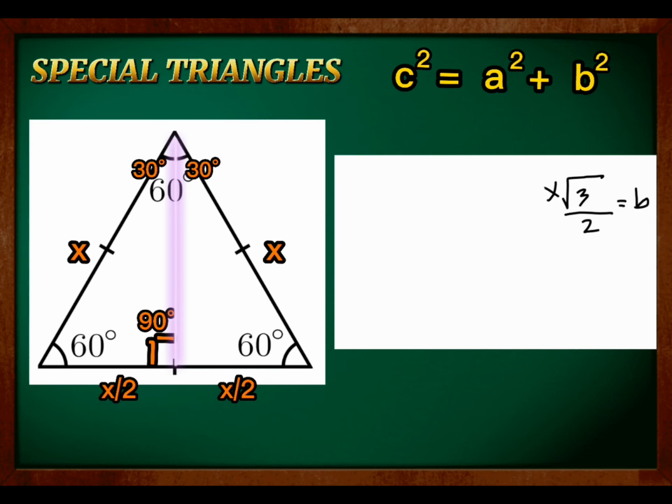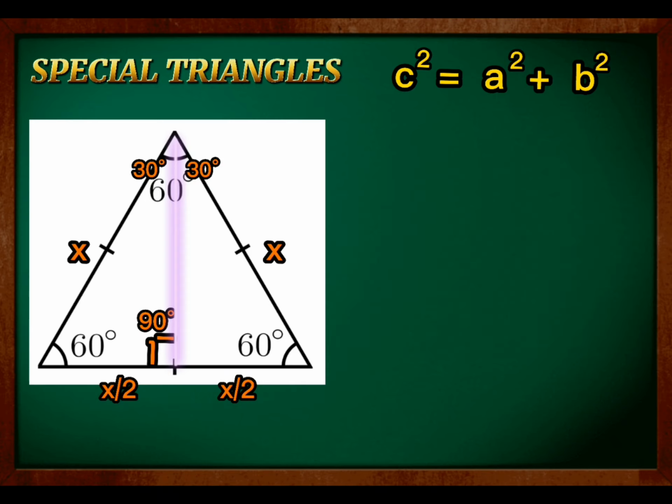So we already have the value of b, which is x square root of 3 over 2. So the sides are the hypotenuse, which is x, or that's 1, and x over 2, or that's 1/2. We just eliminate the variable x, and the other side is square root of 3 over 2.